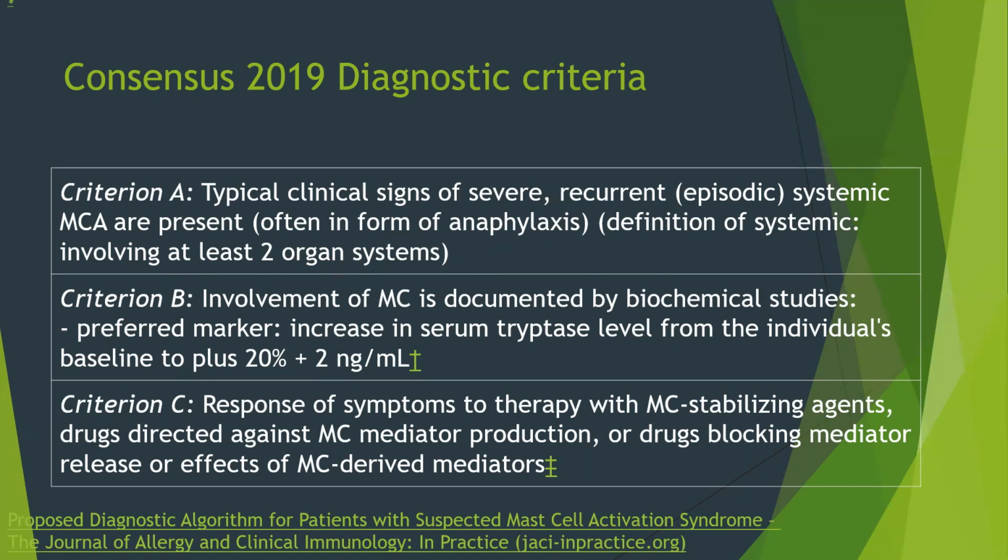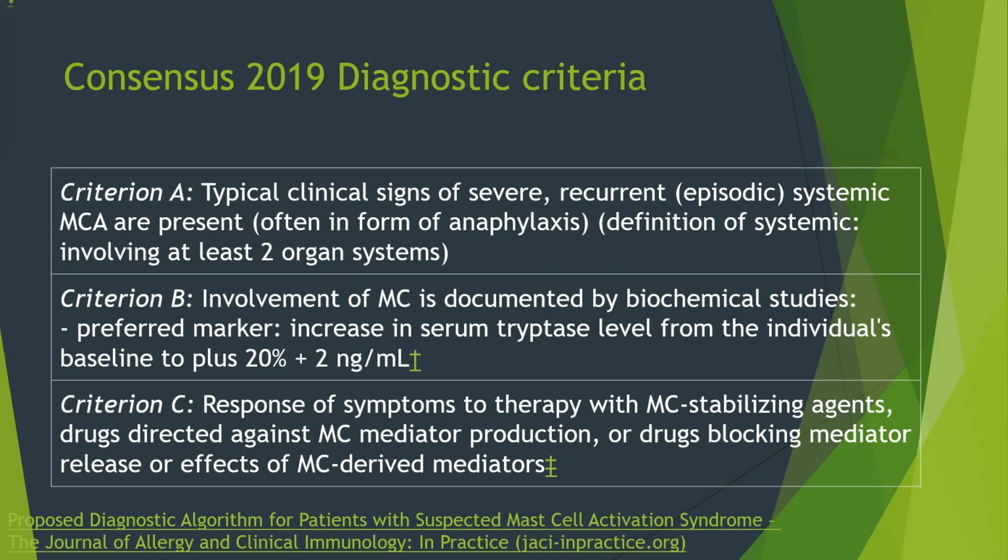That could be another combination. Criteria B is documented biochemical numbers. There is a chemical, tryptase, coming out of cells, basophils, and mast cells.